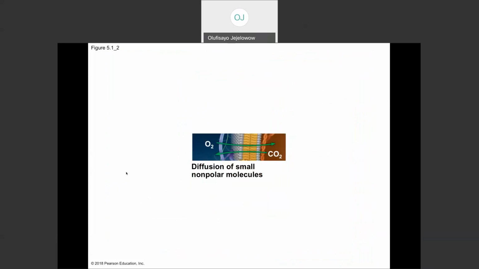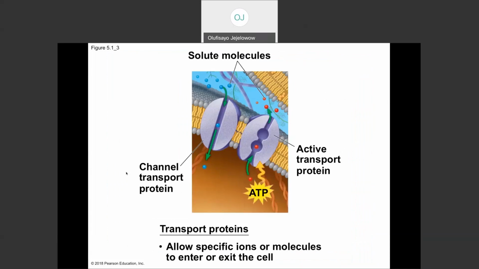So small nonpolar molecules diffuse readily across the phospholipid bilayer. The transport proteins allow specific ions or molecules to enter or exit the cell, either by passive transport across channel transport proteins or by active transport using ATP.